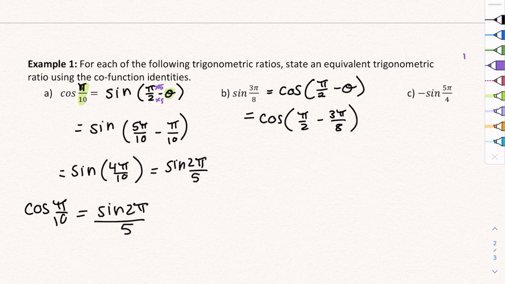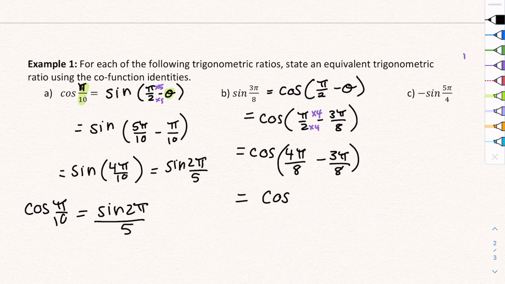We have to multiply by 4. And when we multiply by 4, we're going to get cos of 4 pi over 8 minus 3 pi over 8. And we are left with cos pi over 8. So sine 3 pi over 8 is equal to cos pi over 8.